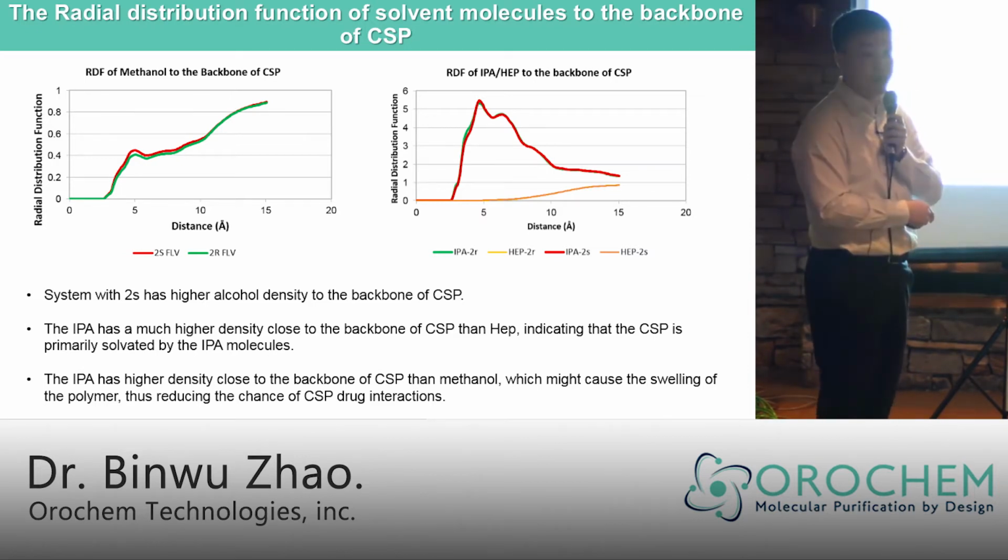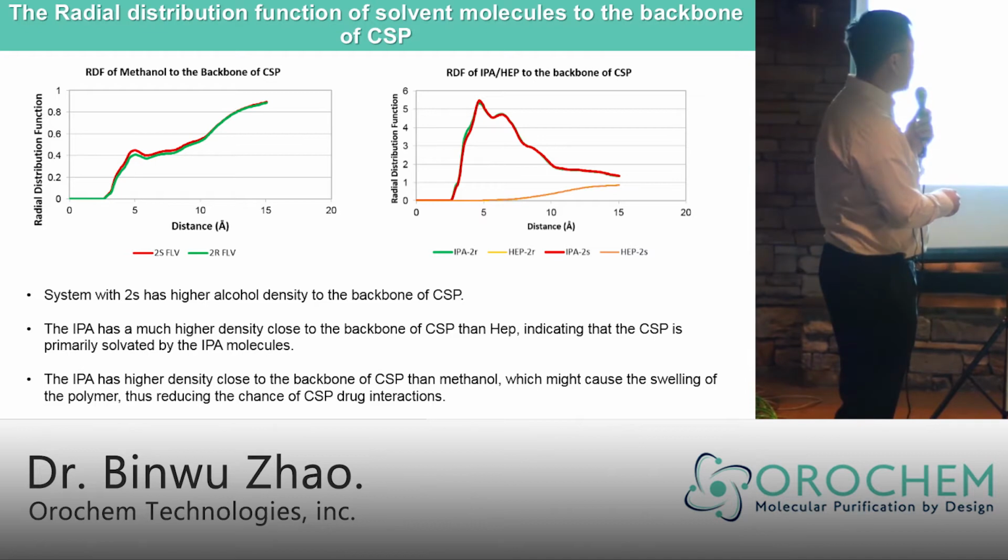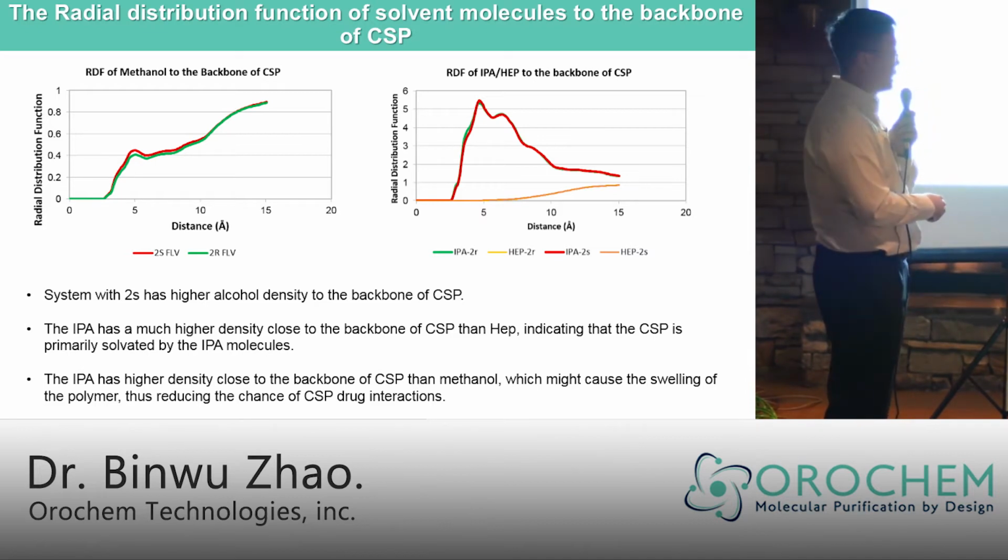And when you switch from methanol to heptane IPA, something interesting is happening here. Look at this curve with a huge peak at 5 angstroms. That is our IPA molecules. The peak value is up to 5.5, and when there is just methanol in the system, the peak value is just 0.5.